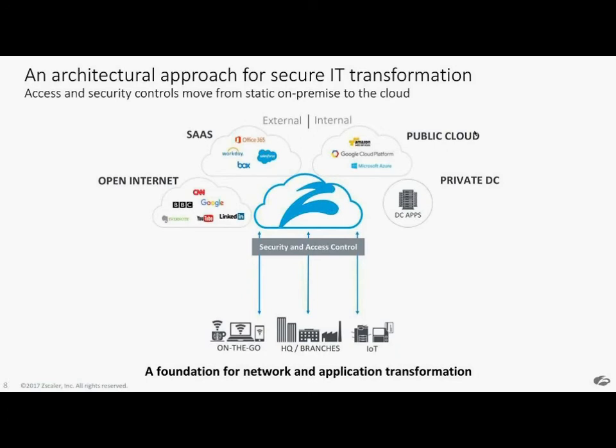So the foundation is around reducing the attack surface on the user, reducing the things that the user can access. The only route for the user is to go via the Zscaler service. So no matter where the user is physically, whether I'm in a branch, my corporate headquarters, or I'm a roaming user on the go, if I'm in a coffee shop, the only place that I can go for my access is via Zscaler.